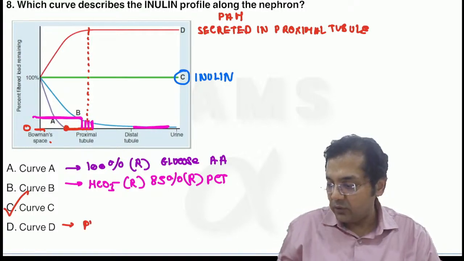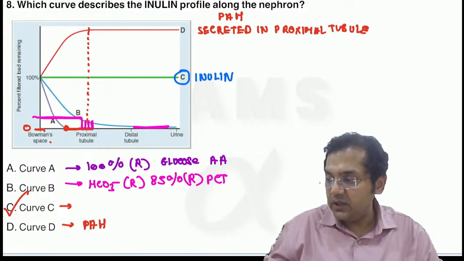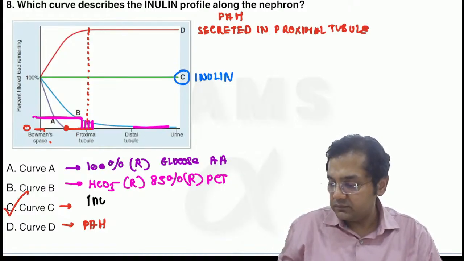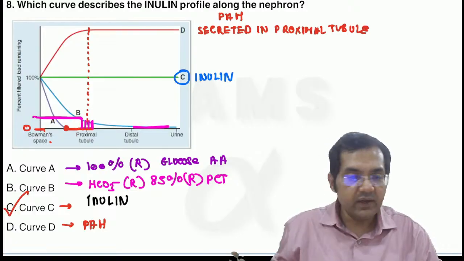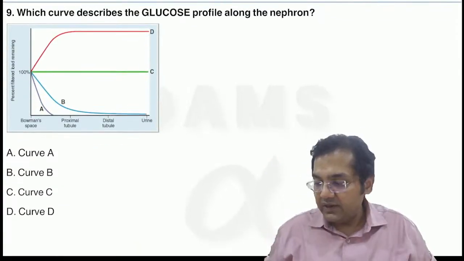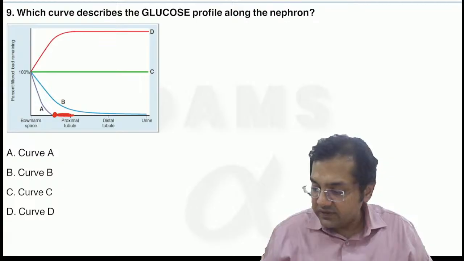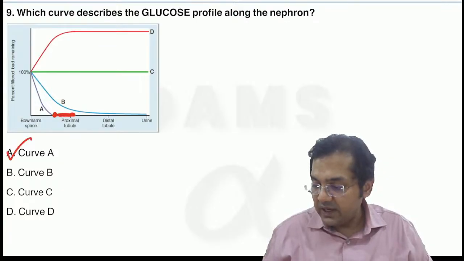So D is PAH, C is inulin, right? So now let's go for the answer. C is inulin over here. And the next one, which is glucose, I think you all have understood. Because glucose is touching 0 in the proximal tubule, it has to be none other than A, right?